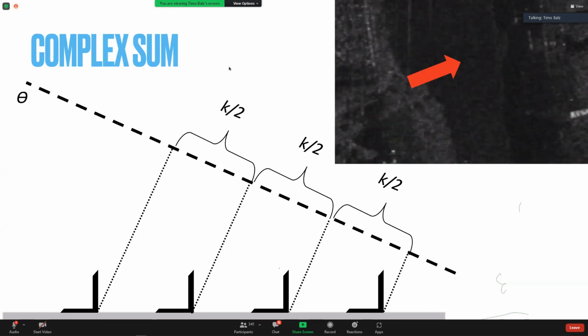What we get then is this return. You can see it very clearly here. We see nothing. What we get back is actually a black signal, an empty signal. We should see these corner reflectors, but because they're perfectly positioned, they cancel each other out.